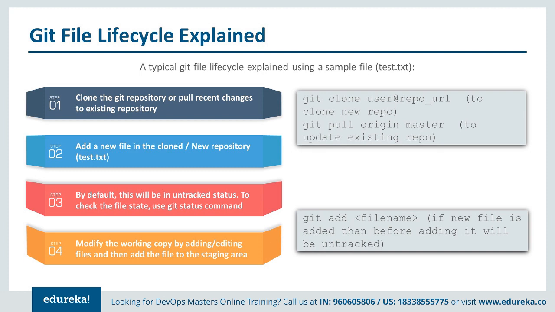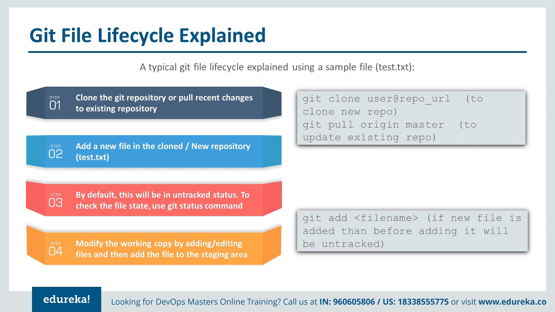So in step 1, we clone the Git repository or pull recent changes to an existing repository from the remote. Now the repository to clone can again be both local or remote. In Git, cloning is generally a one-time operation. Once a developer has obtained a working copy, all version control operations are managed through their local repository.